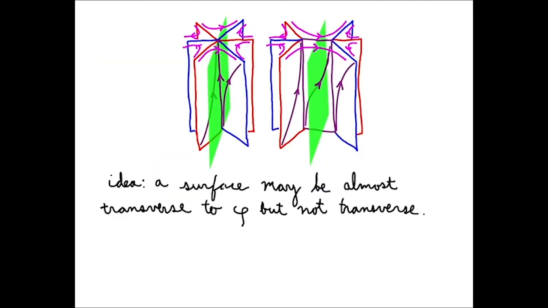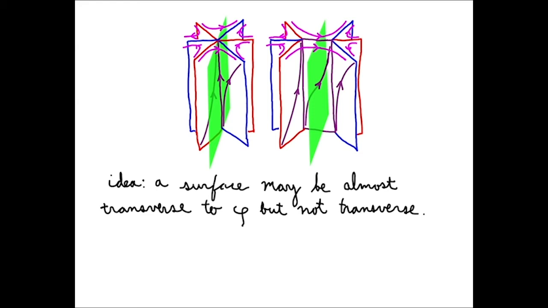The idea is that if you do one of these blowups, it allows new surfaces to be transverse to the flow. So here I've drawn the green surface, and you might imagine the green surface is transverse to the flow everywhere except at this singular orbit, it actually contains that orbit. So it's tangent to the flow along that orbit.